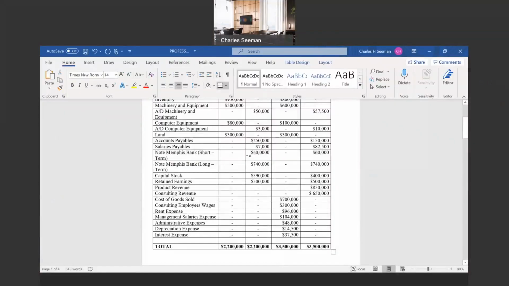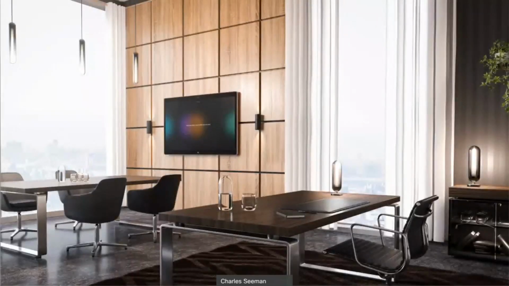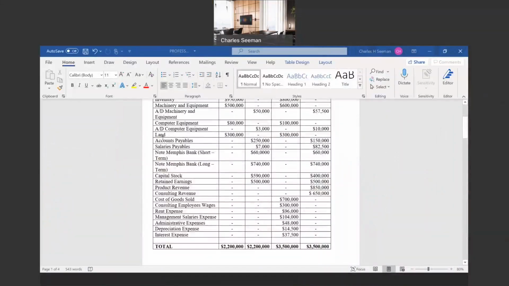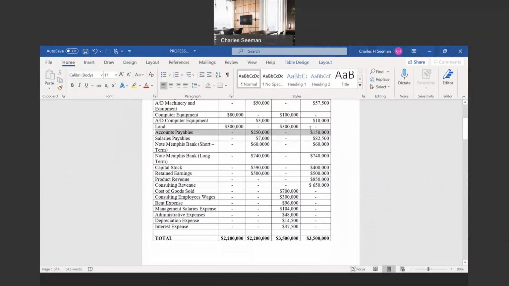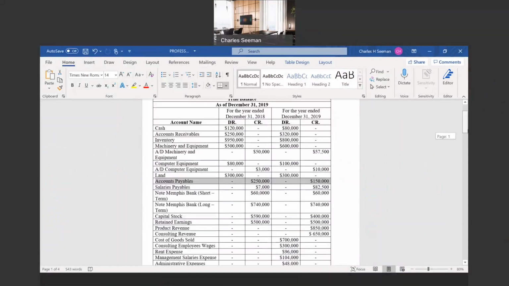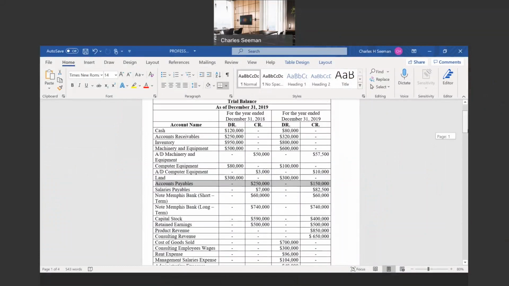So accounts payable went from 250,000 to 150,000. It decreased. It went from 250,000 on December 31st, 2018 to 150,000 on December 31st, 2019.